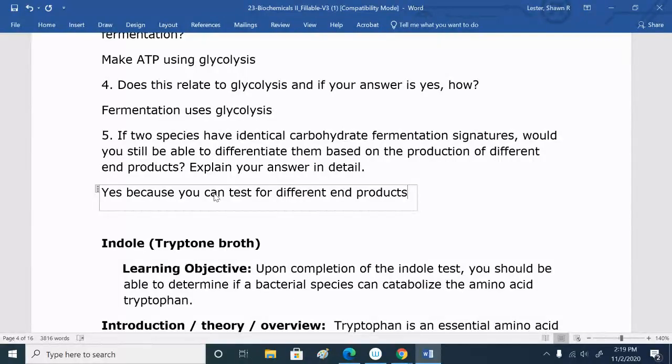So like alcohol fermentation versus lactic acid fermentation, right? So only if the end products are different. If they're the same end products, then there's really no way to tell. But if they do produce different end products, you can test for the end product. And so you can identify different organisms. And the example was lactic acid versus alcohol fermentation, right?